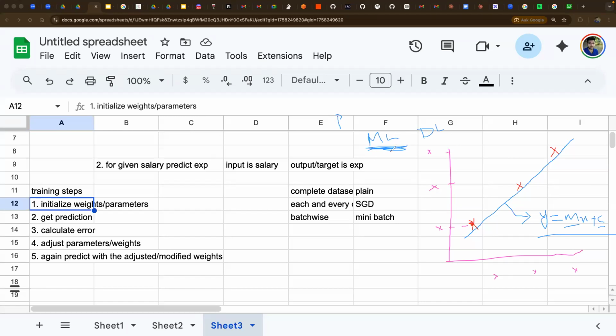That is why they say machine learning is more interpretable, more explainable. When you see the equation, you will be able to explain why your model is predicting something like this. But deep learning models are not interpretable, not explainable, because we don't have any such equation.